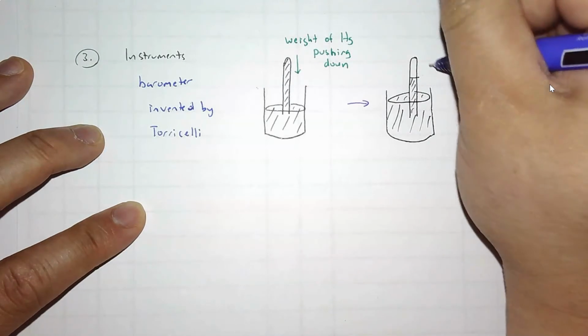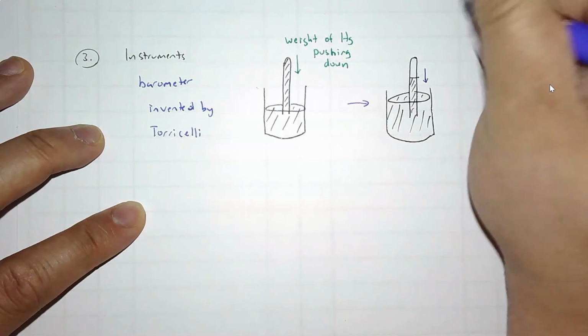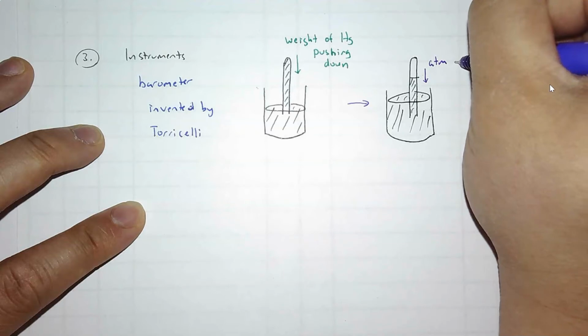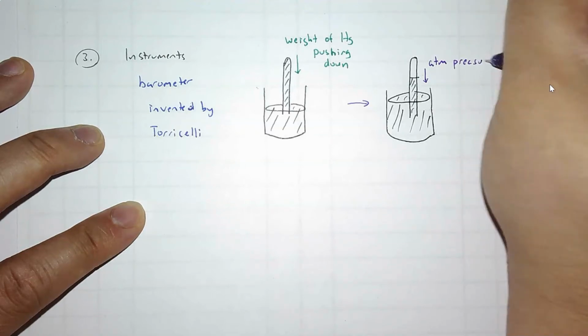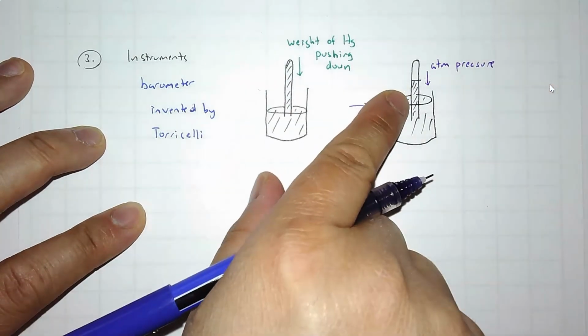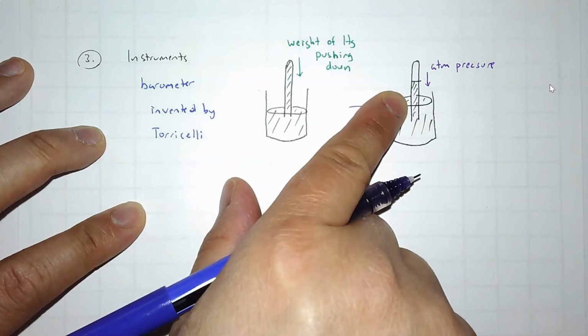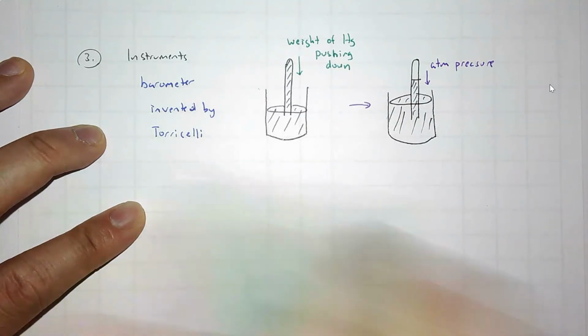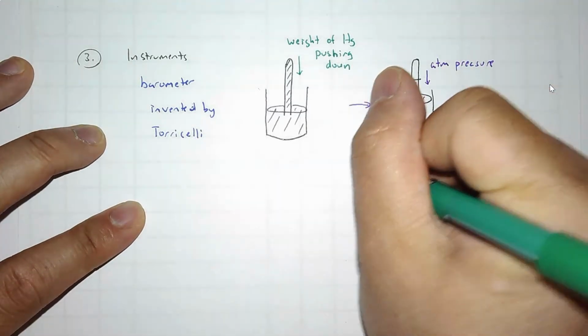They're going to find a spot where the ATM, the atmosphere pressure pushing here, is going to equal the pressure of the weight of the mercury inside the tube. And put that right here. Oh, let me spell this out in words.